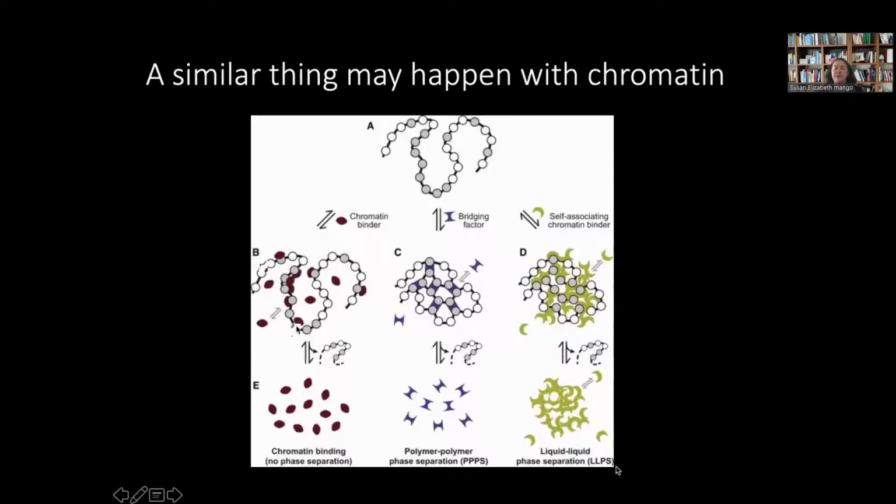And there's a very big debate on what the nature of this would be. Is it truly phase separation or something like it? This depends on the kinds of proteins that interact with the chromatin fiber and whether they begin to nucleate this kind of structure. And so in the nucleolus, the thinking is that's exactly what's going on.